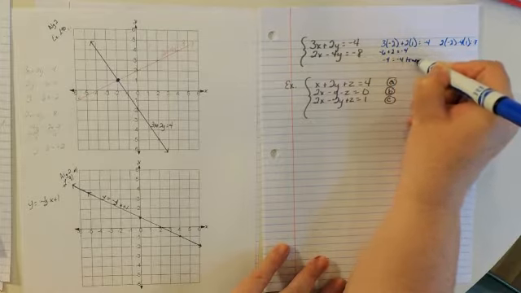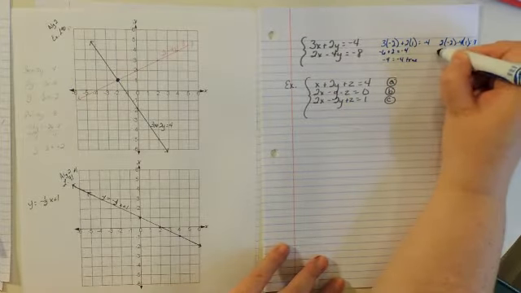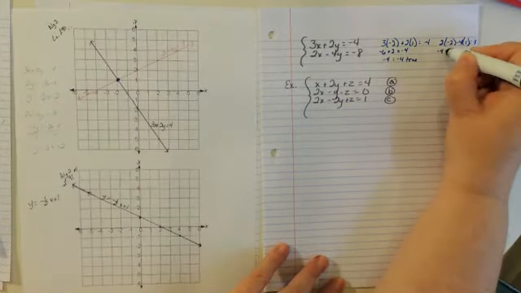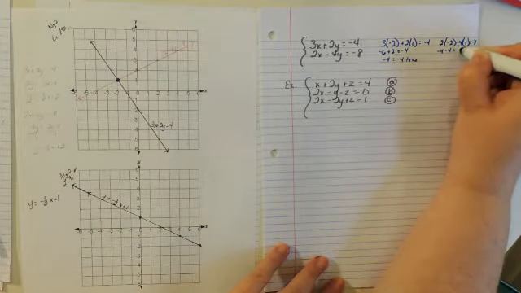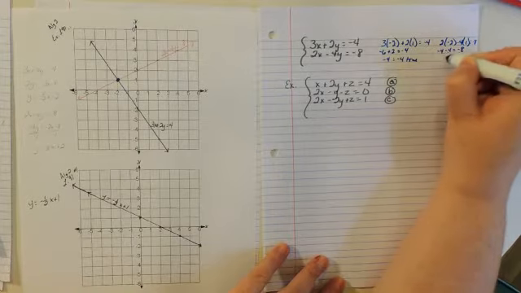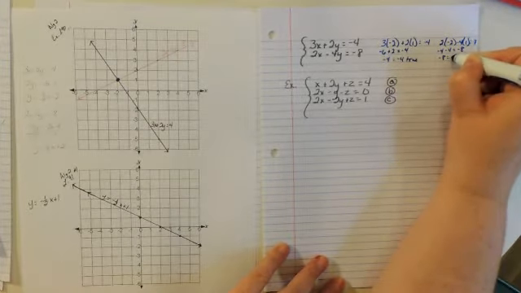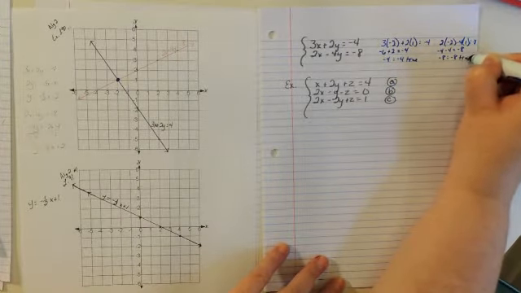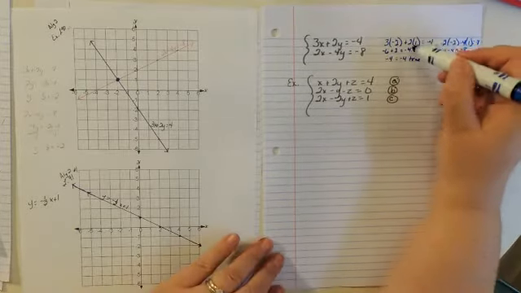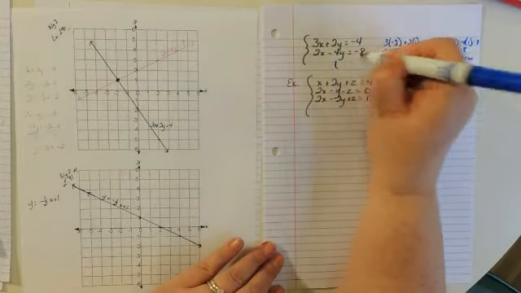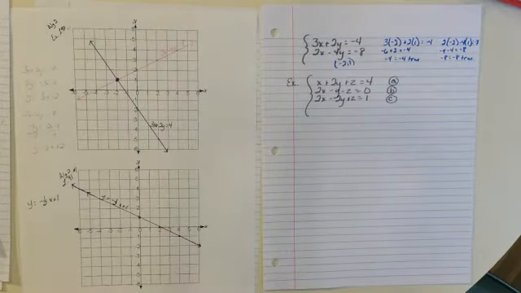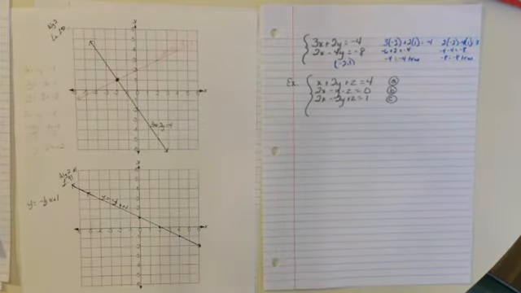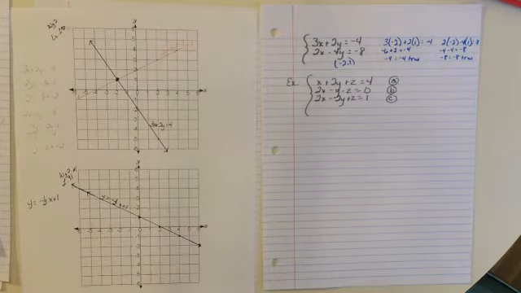So that's true. Or we have negative 4 minus 4 equals negative 8, and negative 8 equals negative 8. So that's true. So this would be the correct point for both of these equations, where the equations meet.